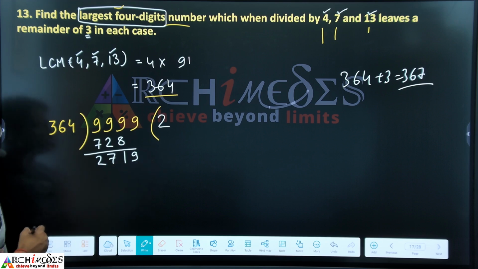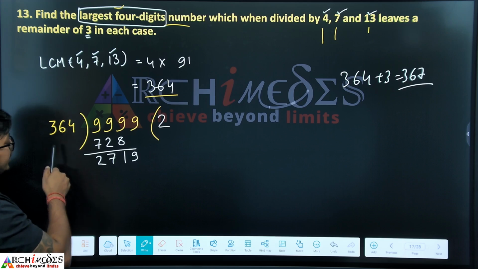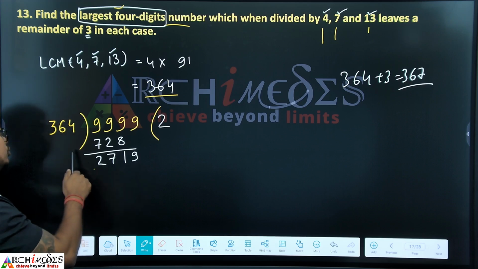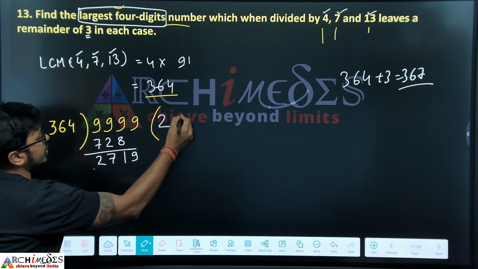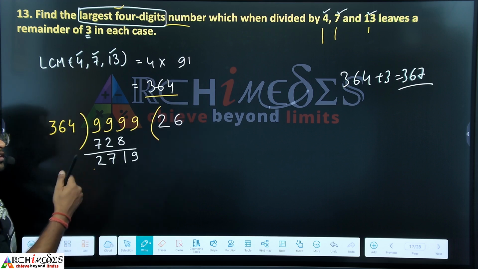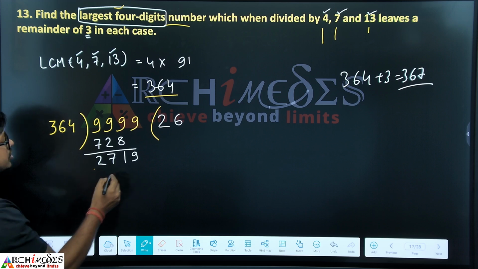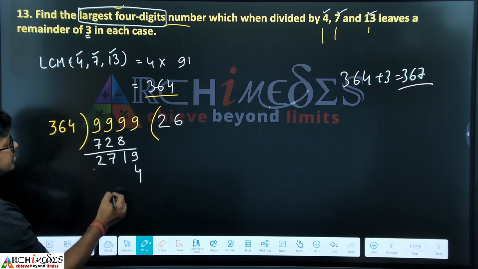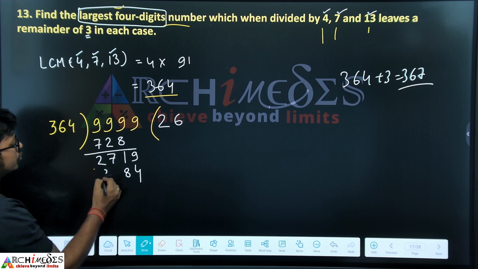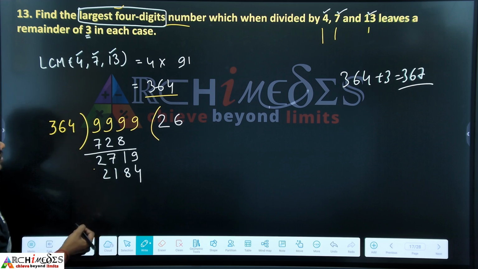Clear? So listen carefully, dear. 364, again 350 assumed, so approximately it is 2719. So I will take 6 times, okay? Not more than that. If it is not divisible, then I will increase the number. So 6 4s are 24, carry 2, 6 6s are 36 and 2, 38, carry 3, 6 3s are 18 and 3, 21. I think we are getting more remainder, isn't it? Yeah, let's do it with 7.